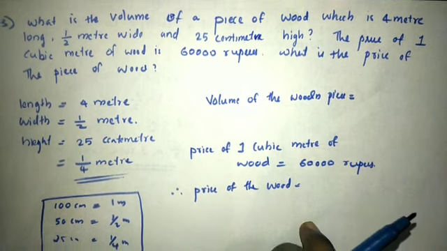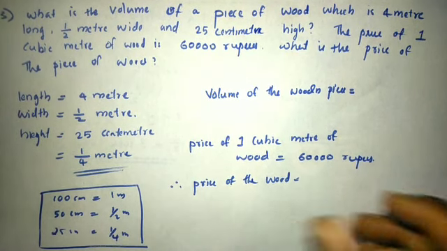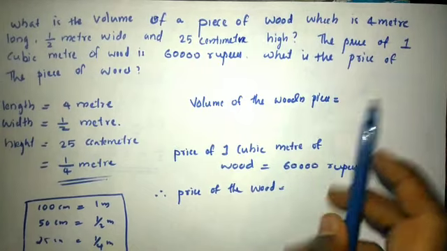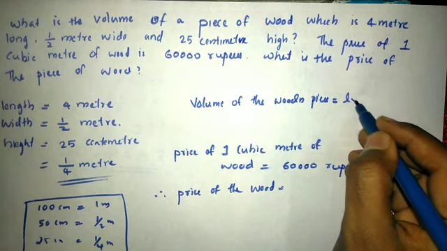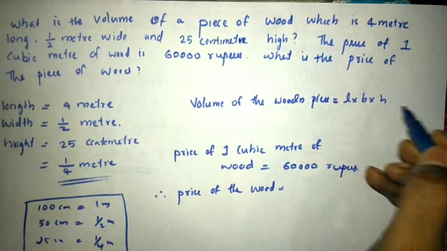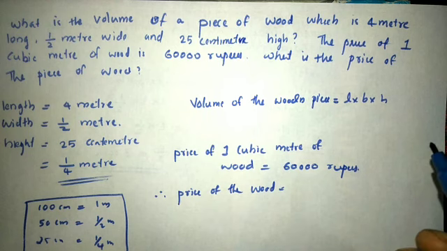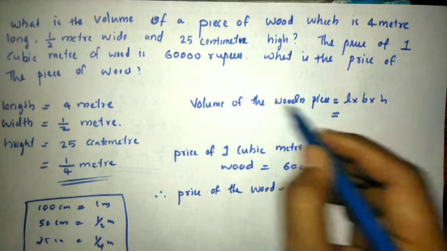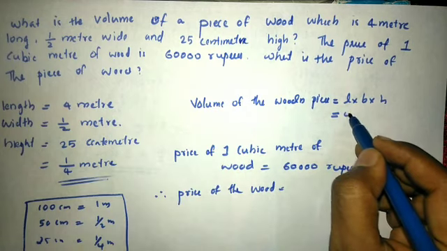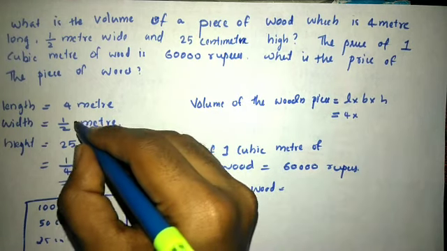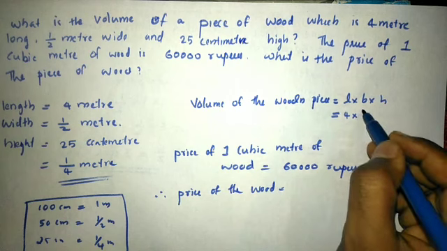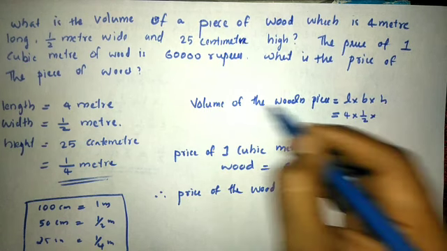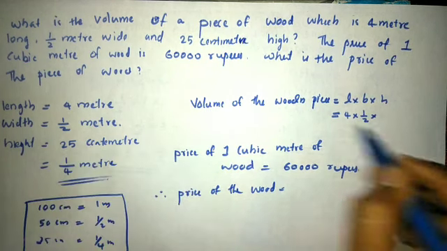Now we can find out the volume. L into B into H: L is 4 meter, 4 into breadth, that means the width, 1 by 2, into height 1 by 4.